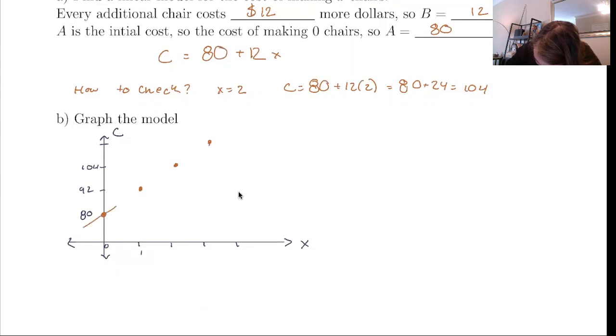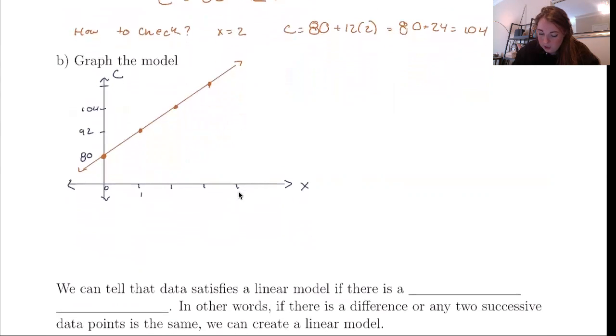Then I would just draw a line like that. So you see that when I graph those points, I got a line. That's another description of a linear model, that its graph is a line. The word linear has the word line in it. So that is our model.